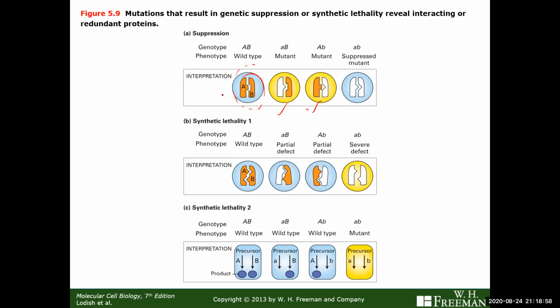So if you take this haploid and cross it with this haploid, which is a wild type, then in the diploid you will have a good copy of A and a bad copy of A, and a bad copy of B and a good copy of B. Now if you sporulate it, you will get spores where, statistically speaking, 2 out of 4 will not have the ability to grow in the presence of galactose.